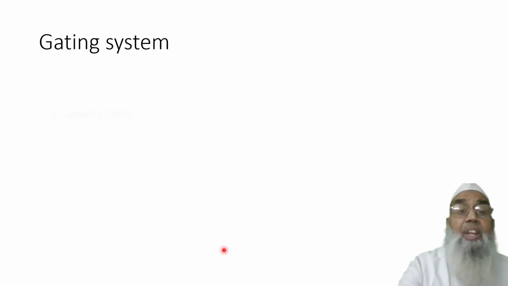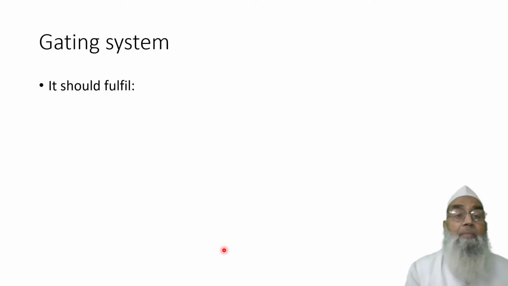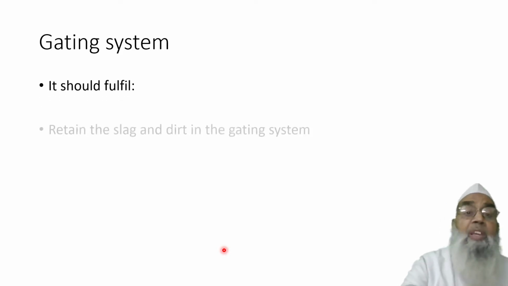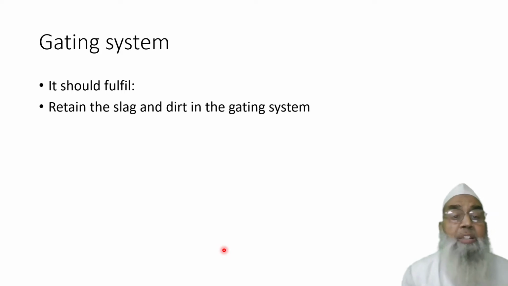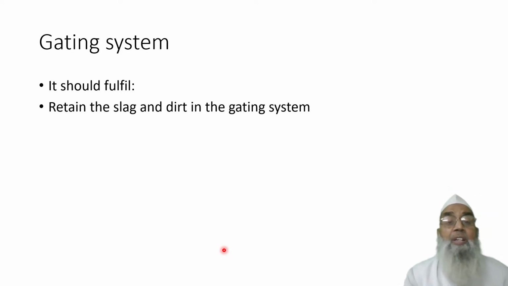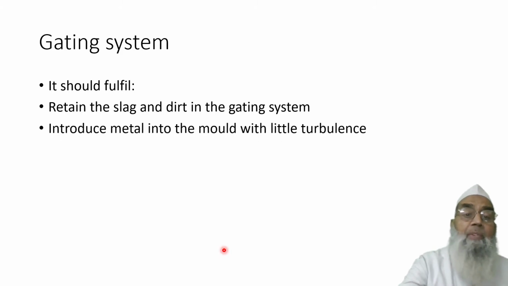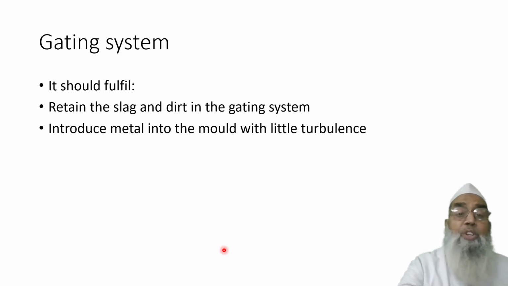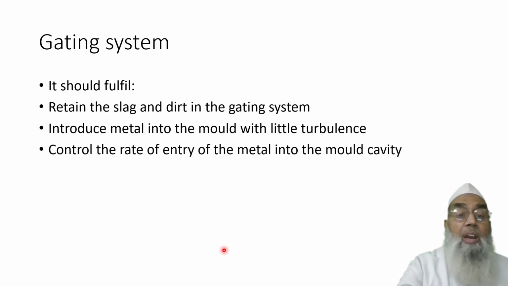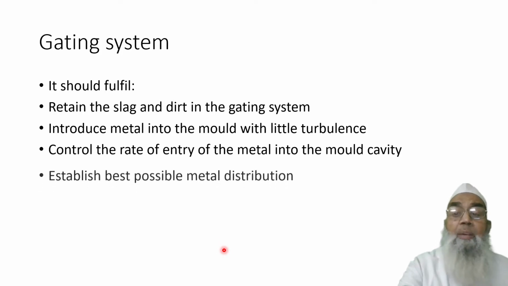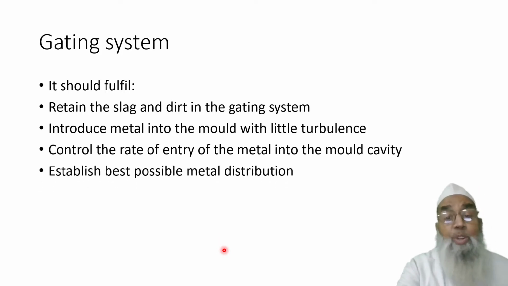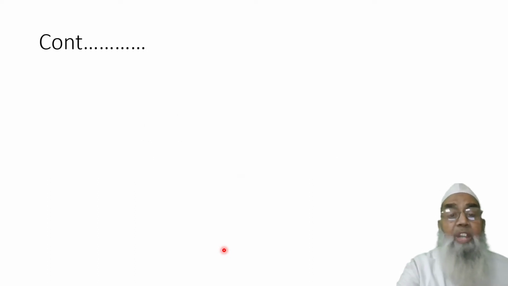Now, the gating system should fulfill the following objectives. It should retain the slag and dirt in the gating system itself, introduce metal into the mold with little turbulence, control the rate of entry of the metal into the mold cavity, and establish the best possible metal distribution in the mold cavity.